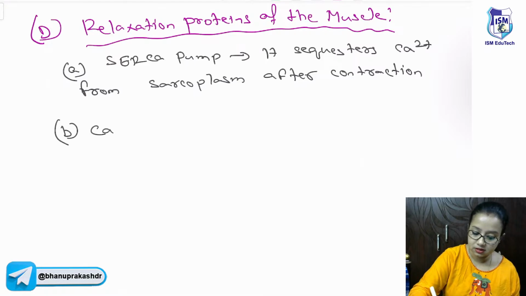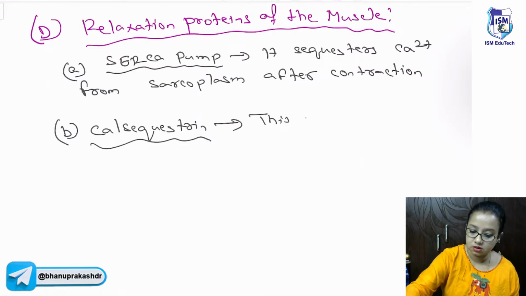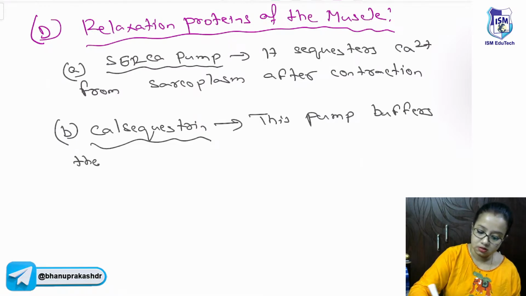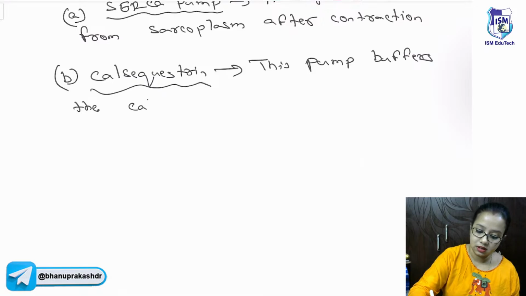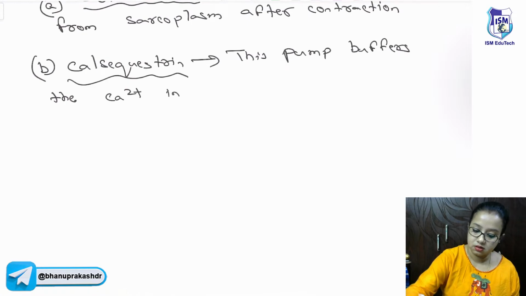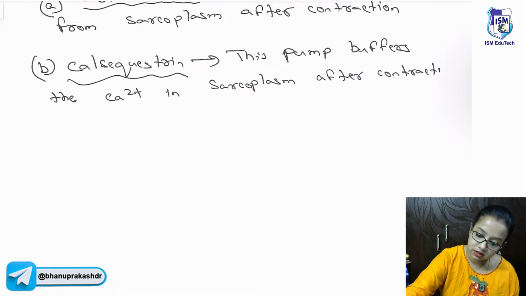Another is calsequestrin. The calsequestrin buffers the calcium in the sarcoplasm after contraction.